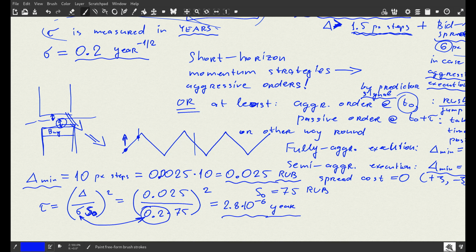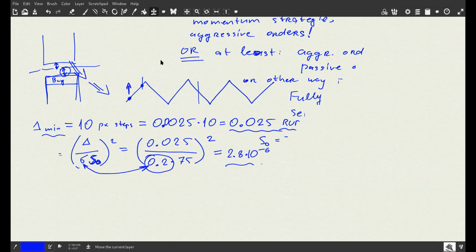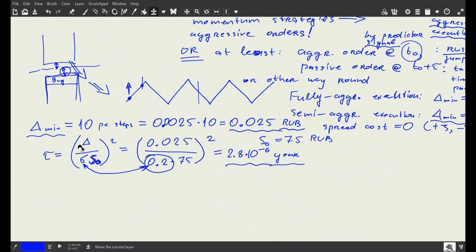How long is it? You can recalculate it into seconds, depending on whether it is calendar time, I mean wall clock time, or trading time. There is a different number of seconds per year. If only trading seconds are taken into account, then what does it mean?